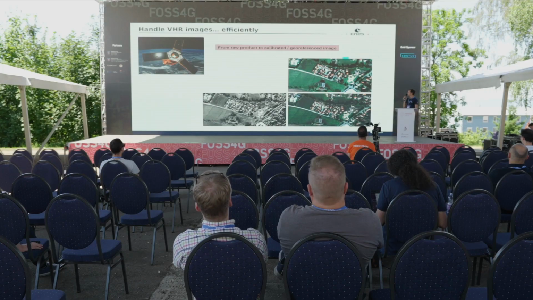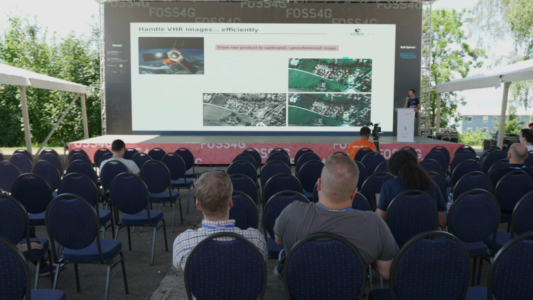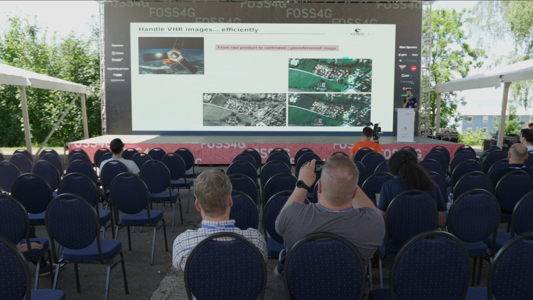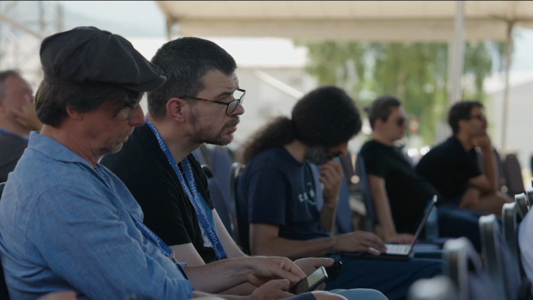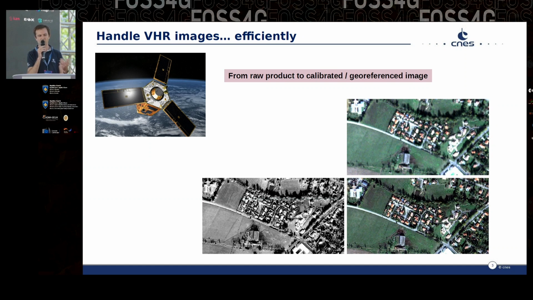So a few words on very high resolution imagery. It has been designed, as I said, for Pleiades, but in fact it can handle almost any image that GDAL can read. And for pre-processing, the idea is that most of you maybe used some georeferenced data, some analysis-ready data, but when you go from the raw satellite data to this calibrated image, you need to pre-process images to remove atmospheric effects.